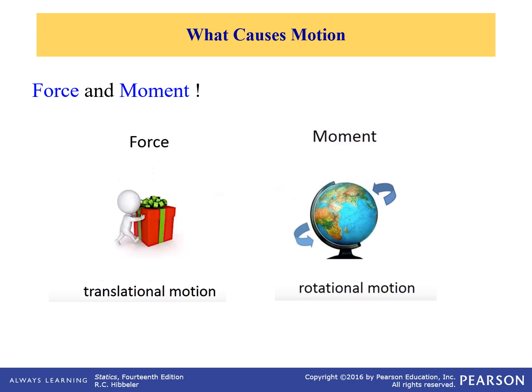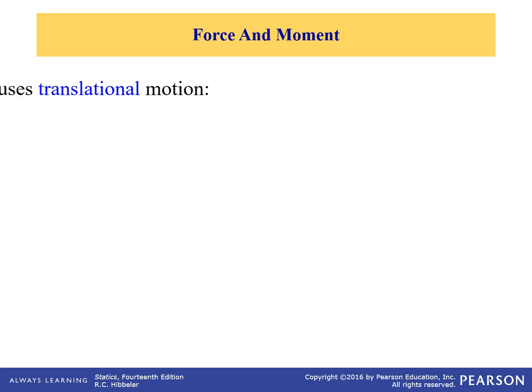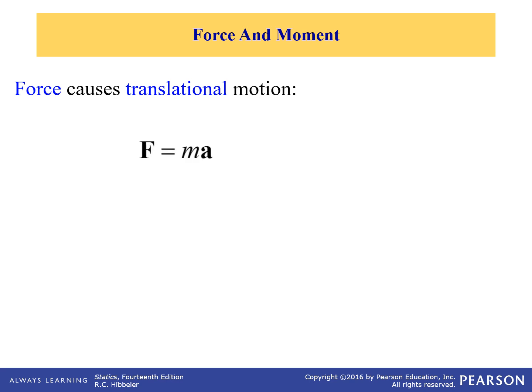Next, let's think about the relation between force and translational motion versus moment and rotational motion. Force causes translational motion, which is described in Newton's second law, F equals ma: the force F equals the mass m times the linear acceleration a.